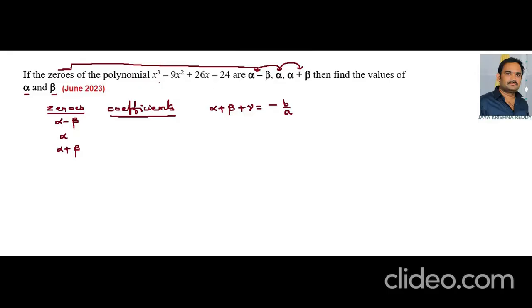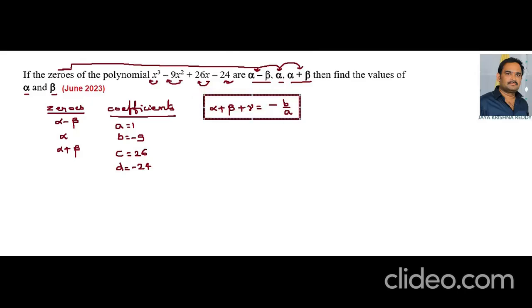The coefficient of x cube is 1, so a equals 1, the coefficient of x square is b, that is minus 9, the coefficient of x is c, plus 26, and the constant term is d, equal to minus 24. 1, minus 9, 26, and minus 24 we have written as coefficients, and the zeros given in the question are alpha minus beta, alpha, alpha plus beta. So this is the first formula of the relationship between zeros and coefficients.